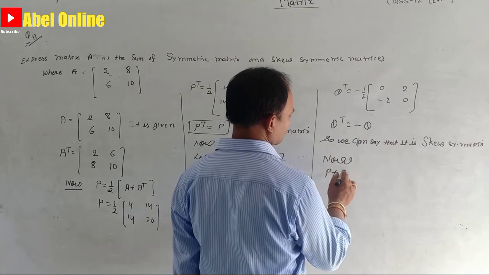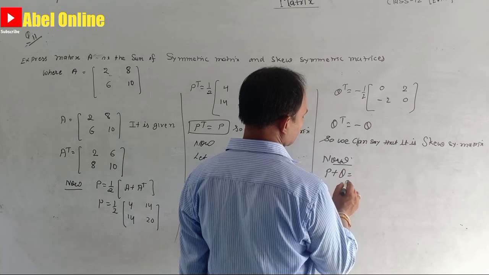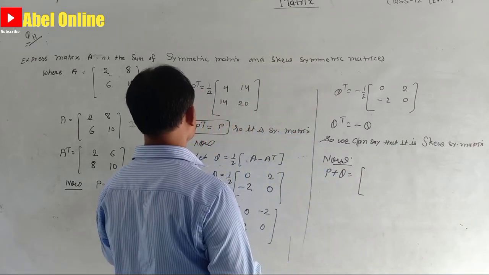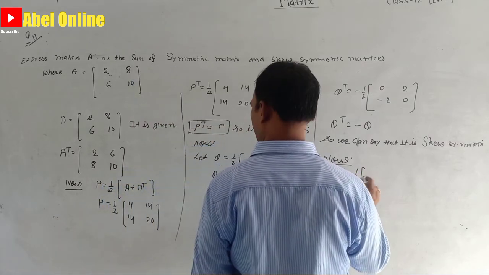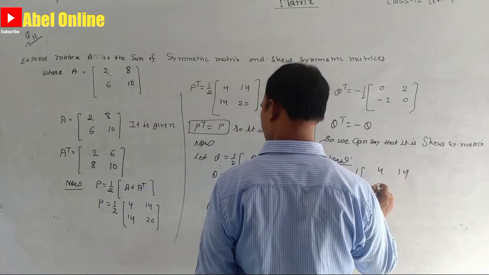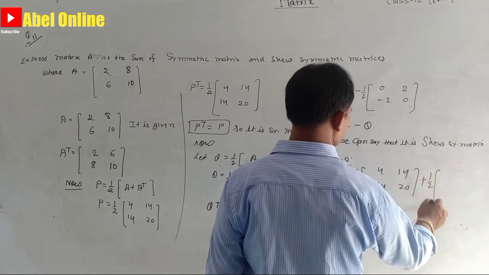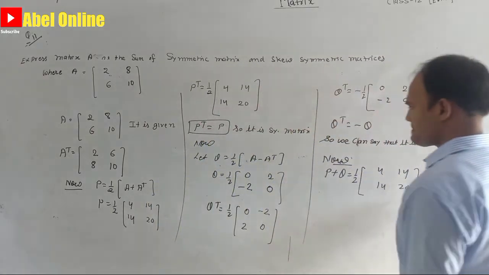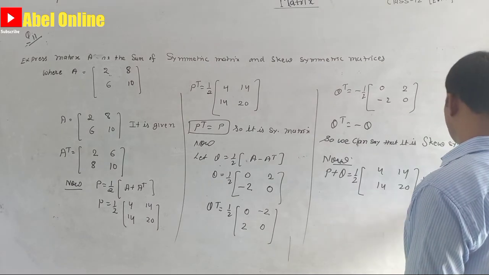Now P plus Q. What about P plus Q? P plus Q is equal to, what is P? P is 1 by 2 times 4, 14, 14, 20, and Q equals 1 by 2 times 0, 2, minus 2, 0.